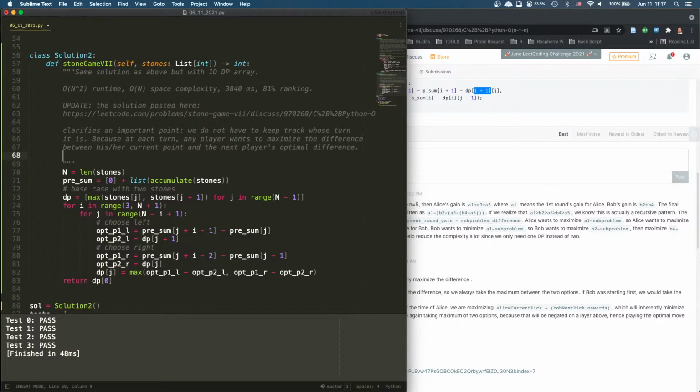If the next difference is positive, which means Bob is doing better, then I minus Bob's difference is the new difference. If Bob is doing worse, which means it's a negative value, then I get even more. For Bob, it's the same thing. Bob has the current value, and Alice has the next one, and then Bob is minus Alice. Yes, the player wants to maximize the difference between his current point and the next round's optimal difference.